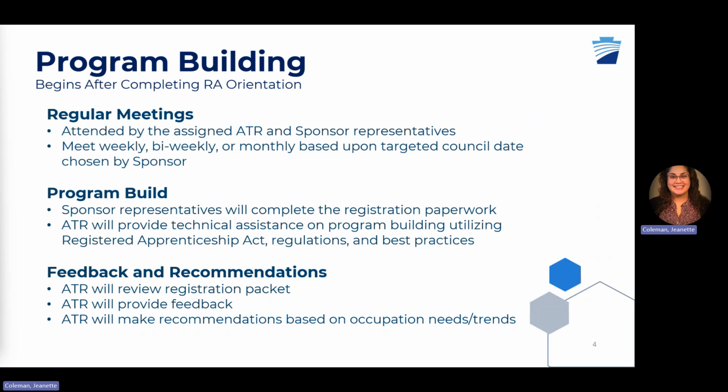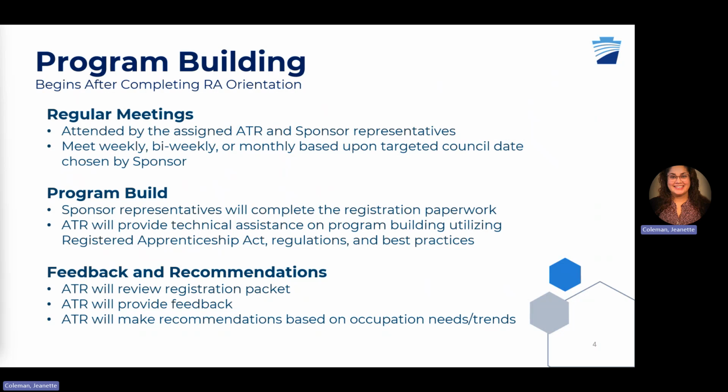They will offer guidance on apprenticeship regulations, standards, and best practices to help ensure your program is ready for approval. Program development includes ongoing communication and multiple rounds of review and feedback. This can feel overwhelming at times, but ATRs are here to support you every step of the way.